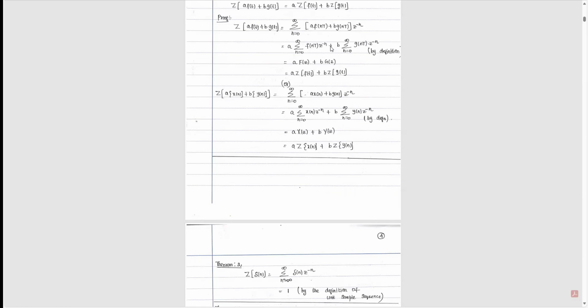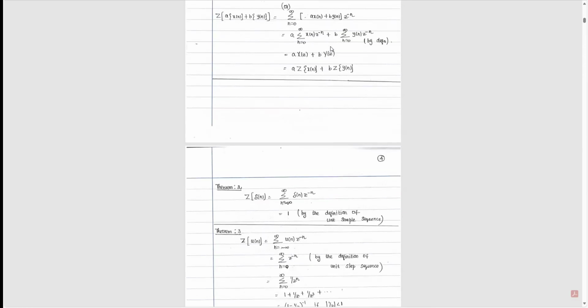Not only for the Z transform, but for any type of transform or formula, even if we are differentiating or integrating, if we have a coefficient, we take it outside. And if we have a sum of two functions and need to find the transformation, we can split them using the plus symbol, as we have done here. You got this step?